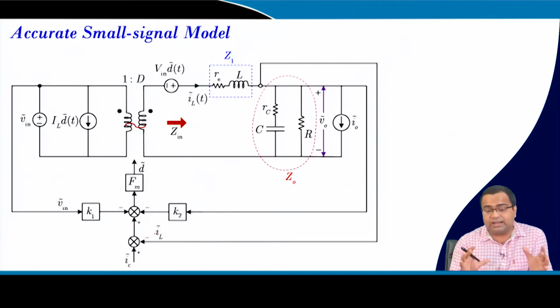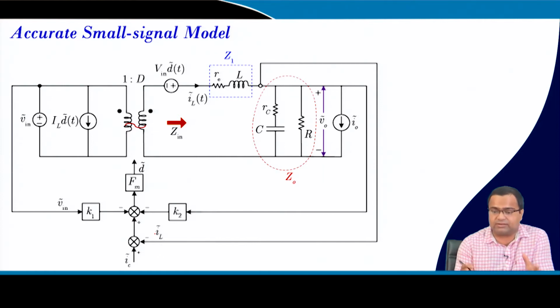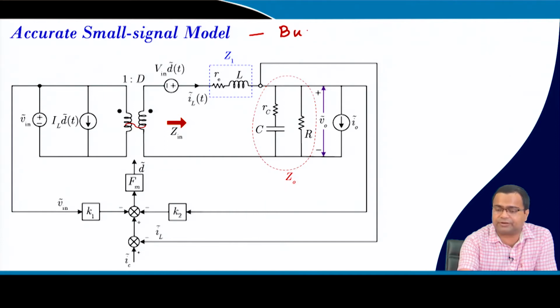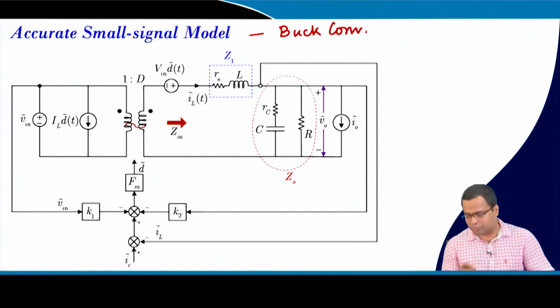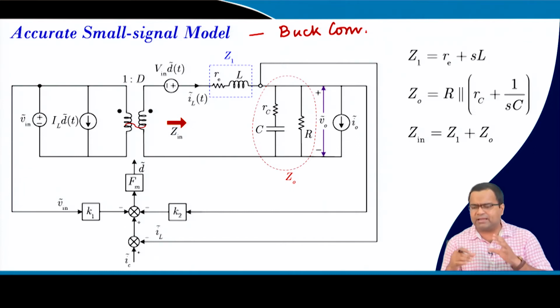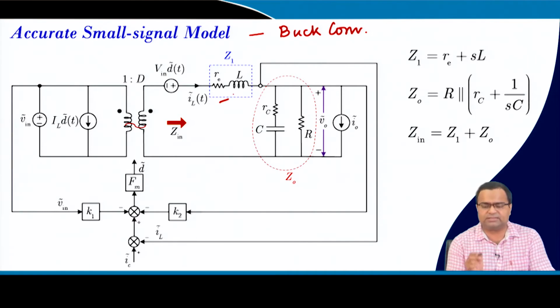That means we already discussed this accurate small signal model of a current mode control, of a buck converter, under current mode control. And we have derived Z1, Z0, Zin, all this, where Z1 is the inductor and Z0 is this one.